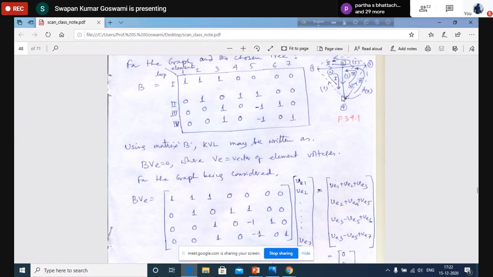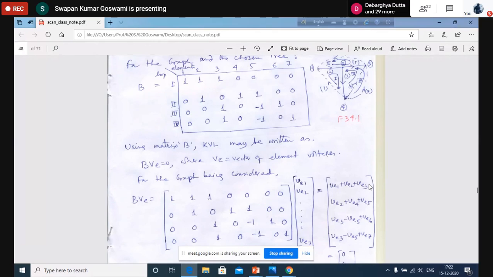Okay. What should be the result of V1 plus V2 plus V3? It should be 0. Why 0? Because the sum of all voltages around the loop is 0 according to Kirchhoff's law.